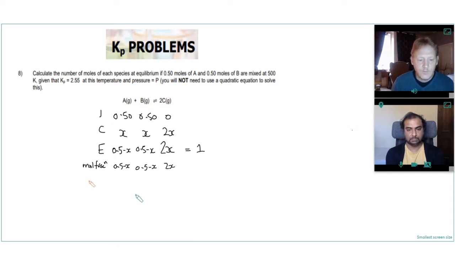And therefore our partial pressure of A, B and C is mole fraction times total pressure.